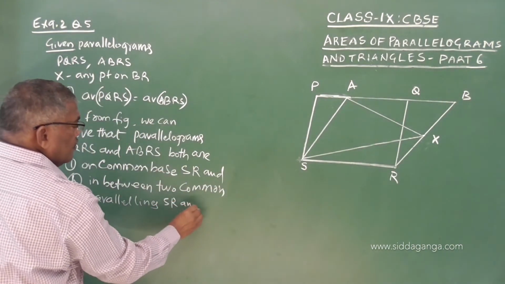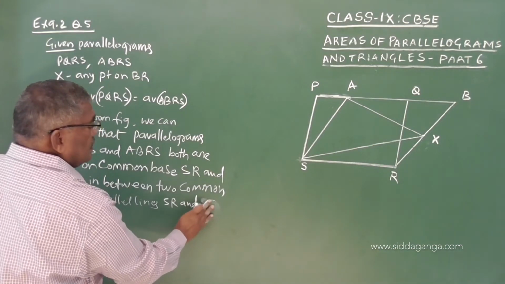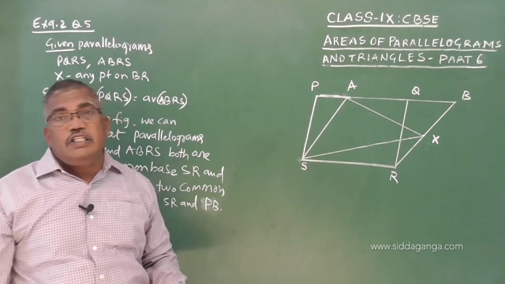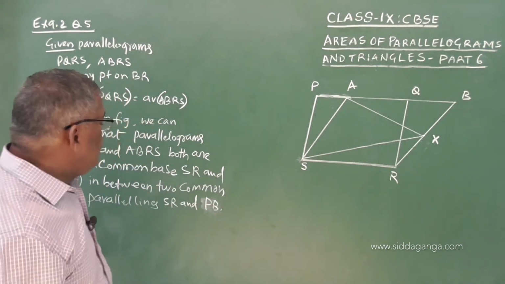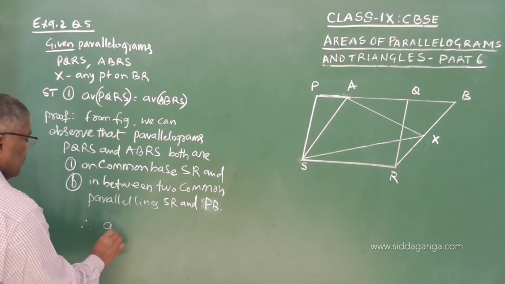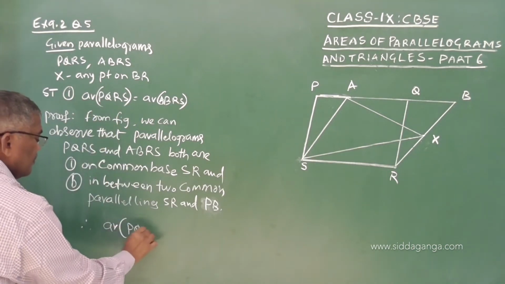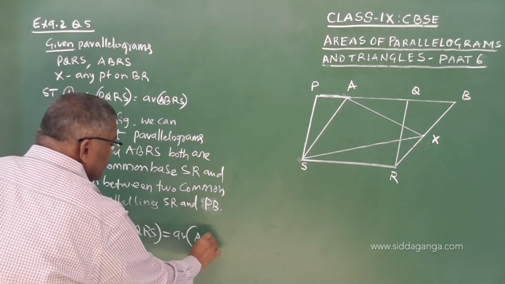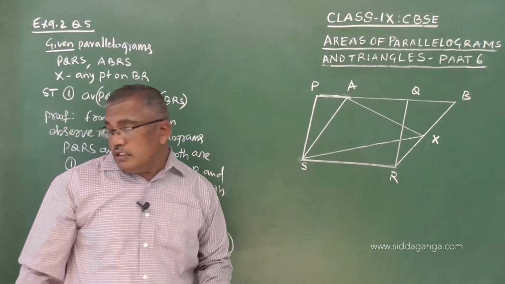SR and AB, or PB, you can write SR and PB. So, when those two conditions are satisfied, we can say that the areas of those two parallelograms are equal. So, therefore, area PQRS is equal to area ABRS. So, the first sub question answer is over.